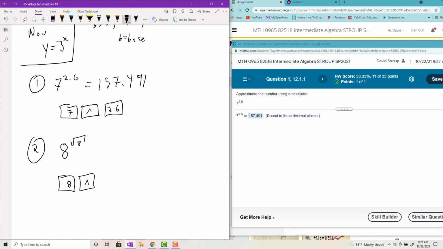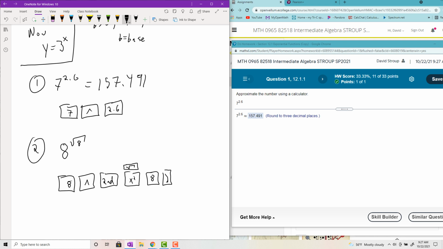So in my calculator, I hit the second key, and then the x squared key above it, and it's going to input that square root symbol. After you click that, it'll automatically give you a parenthesis, and you just type 8, but you have to end the parentheses. The computer's not that smart.